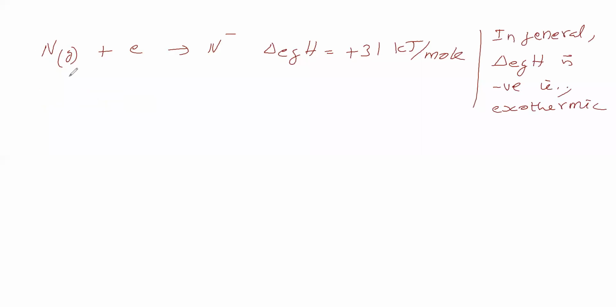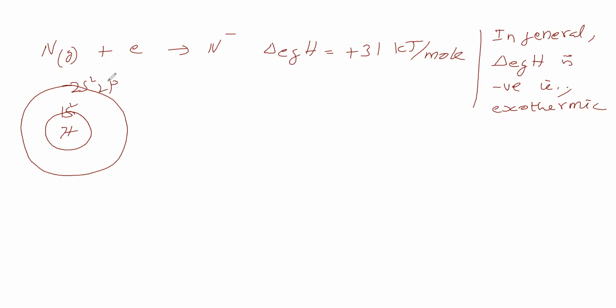See, an isolated gaseous nitrogen atom takes an electron and becomes N minus. Here the electron gain enthalpy is plus 31 kilojoule per mole. Why is it so? Nitrogen nucleus contains 7 protons. Its electronic configuration is 1s2, 2s2, 2p3.